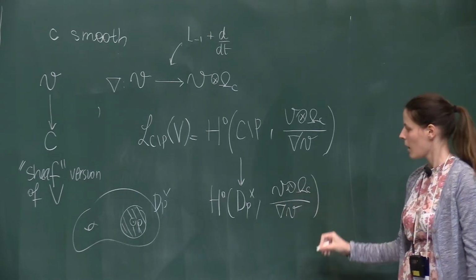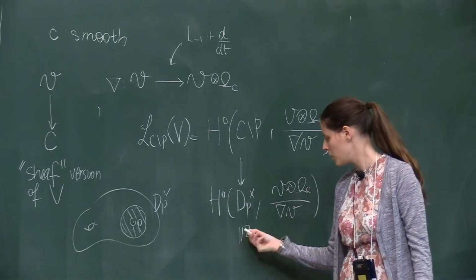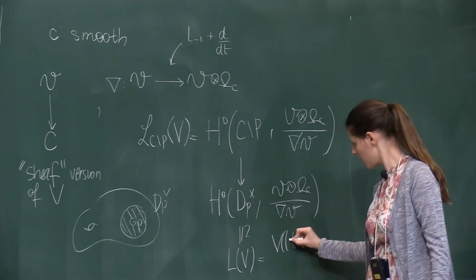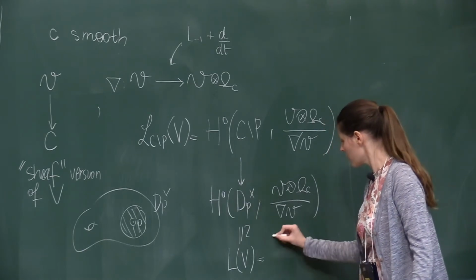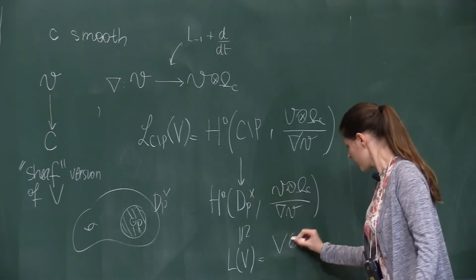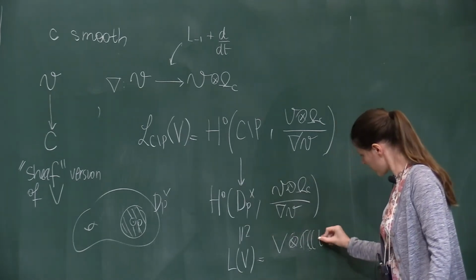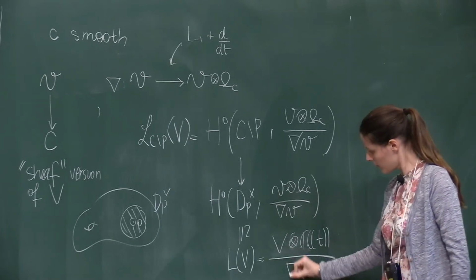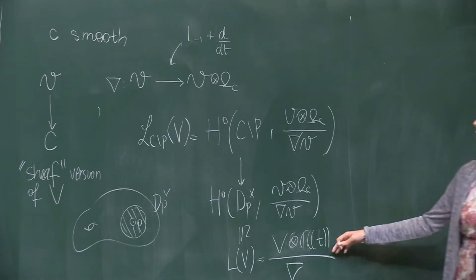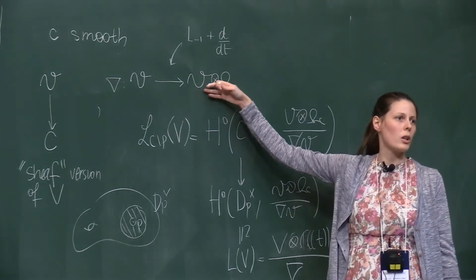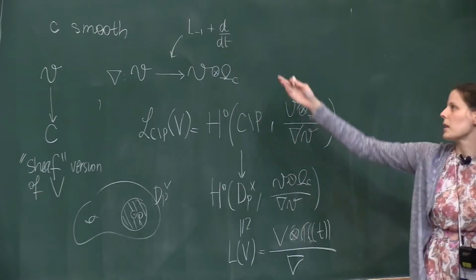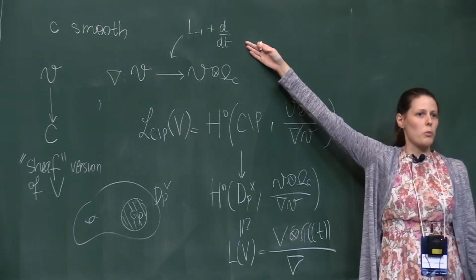And this is isomorphic to... So let's say... to this Lie algebra, using really the description that this connection is given by this formula locally.